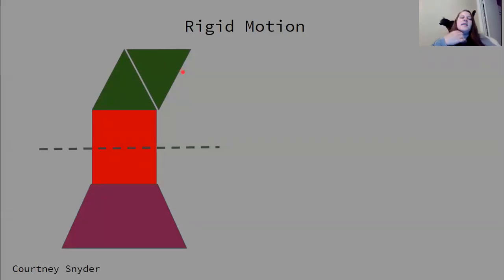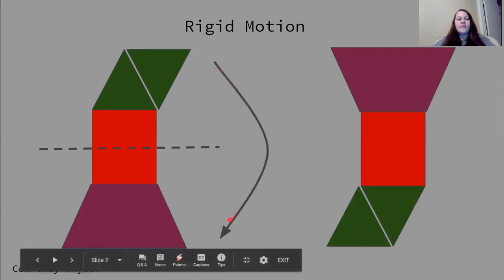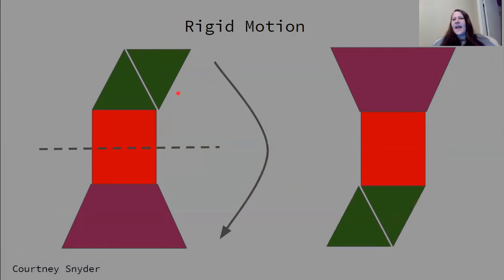Now, somebody else has done this, and what they did is they started with this point right here and turned it 180 degrees to where it would follow this arch right here. When we look at this, this is a rigid motion of 180 degree rotation, but it's not exactly a reflection of this figure over this line of symmetry right here.